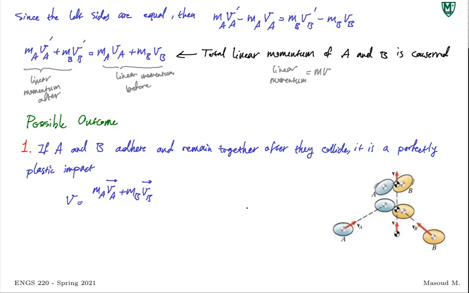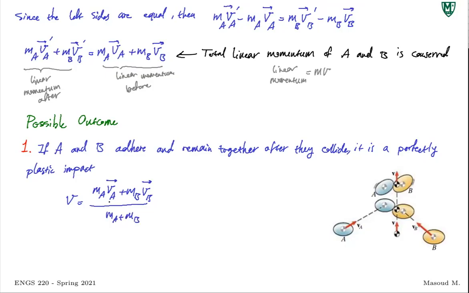We'll see in examples that positive, negative, if it's in two-dimensional or three-dimensional space, you have to remember there are components along different axes. So these are vectors, and I have to be a little more cautious and put the vector signs there.